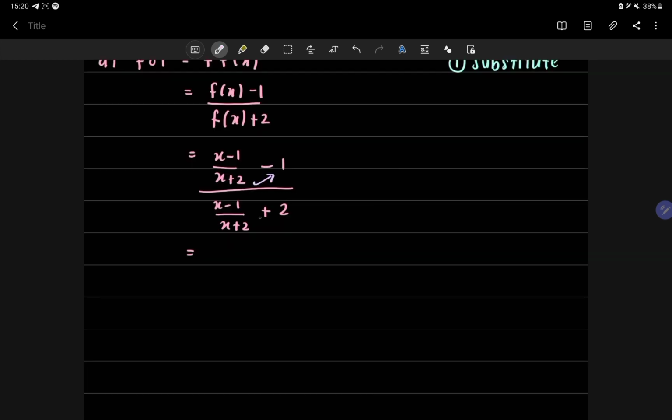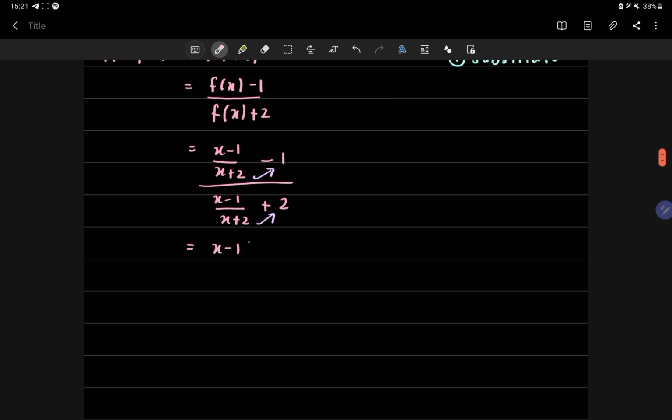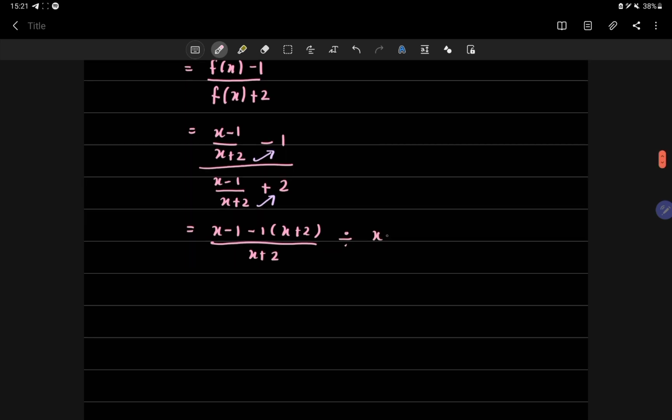Now let's move the denominator x plus 2 to the top. Then it becomes (x minus 1 minus 1 times (x plus 2)) over (x plus 2), divided by (x minus 1 plus 2 times (x plus 2)) over (x plus 2).